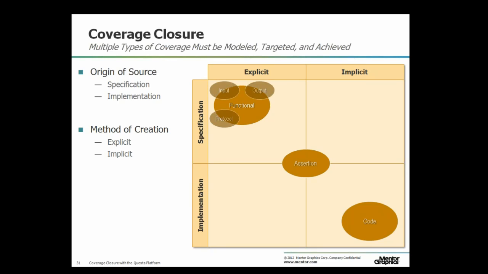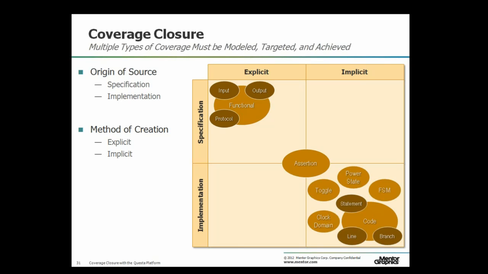In the code coverage area, let's look at this in a little more detail. In the code coverage area, the coverage is reasonably explicit. So we're able to use formal technologies to observe or investigate the design and the testbench and to be able to give feedback as well. The challenge is in the middle here in the assertion area when you're looking for deeply embedded or implementation-oriented coverage metrics where we're trying to verify, did we fill the FIFO or did we trigger an assertion?